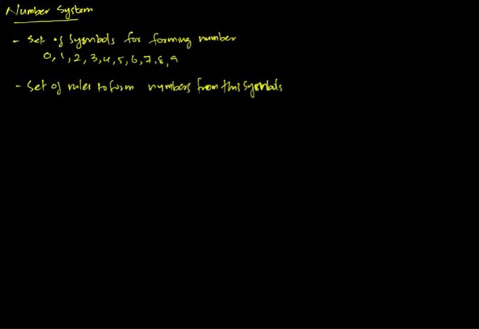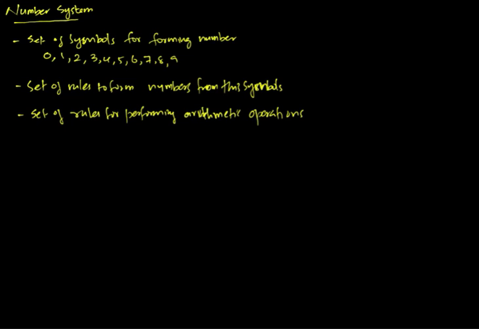And the third one is a set of rules for performing arithmetic operations in that number system. So these three are the notions of a number system.